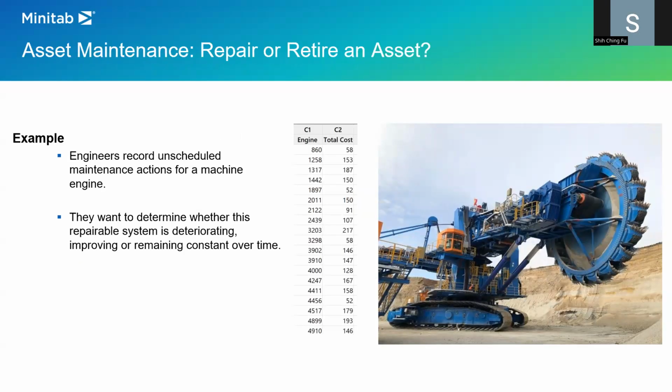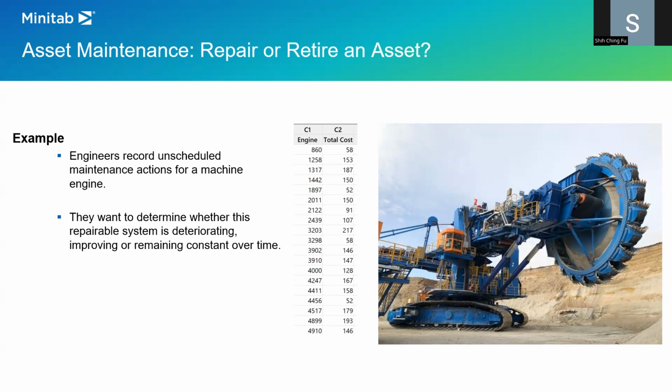Next topic, we talk about asset management and maintenance. Assets are a big issue, definitely a big cost for the mining industry. Suppose we have this very expensive engine. If there's a problem with this engine, I have to fix it instead of replacing it, because replacing it can cost a huge amount.